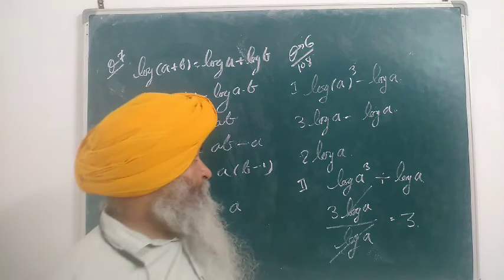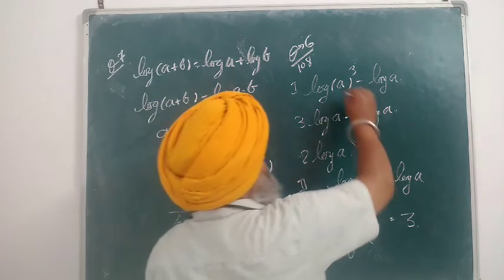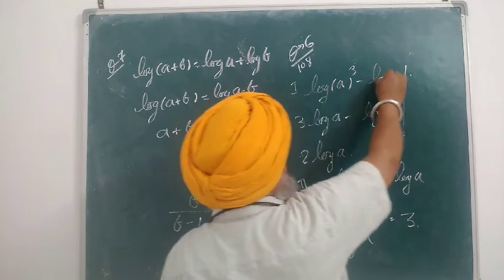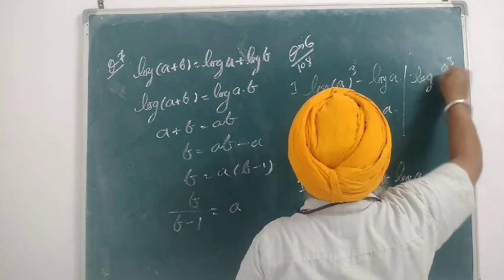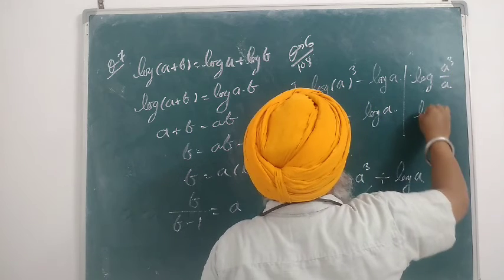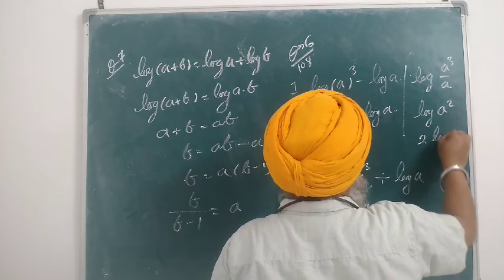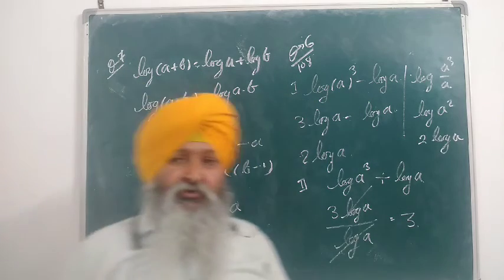Okay. Otherwise one more method is there. Log m minus log n, what will it be? Log m upon n. That is log a square, that is 2 log a. Okay, whichever logic you want.